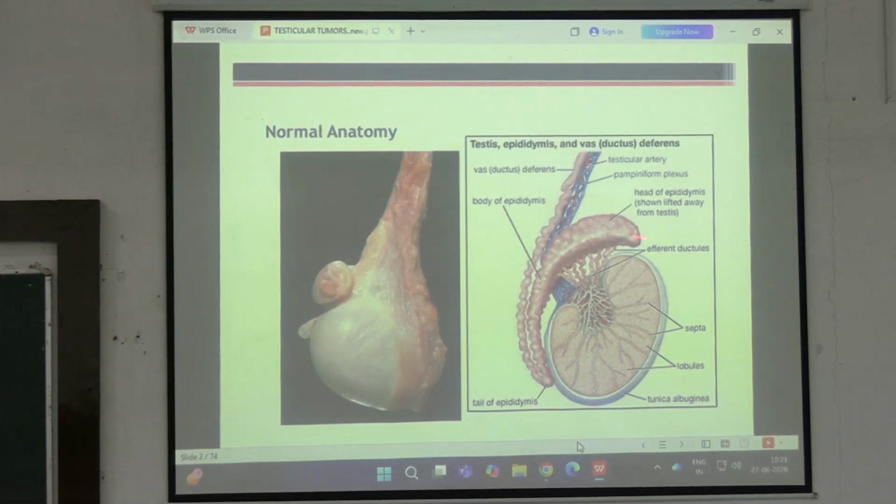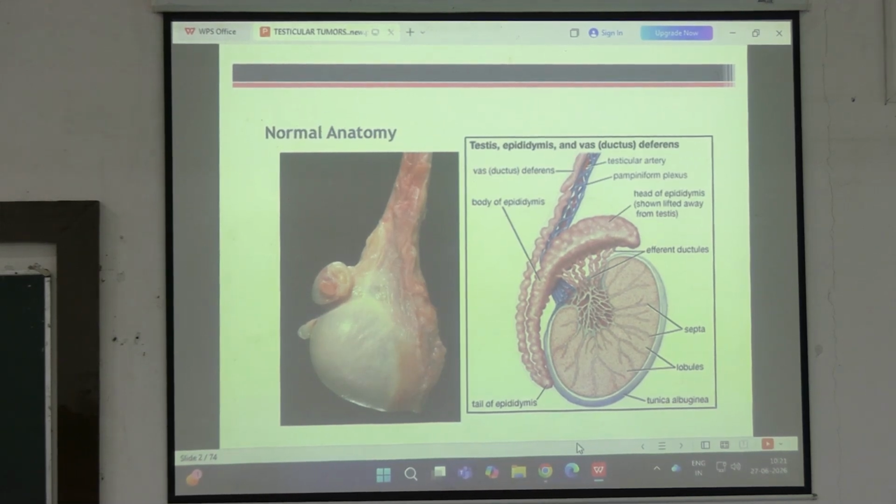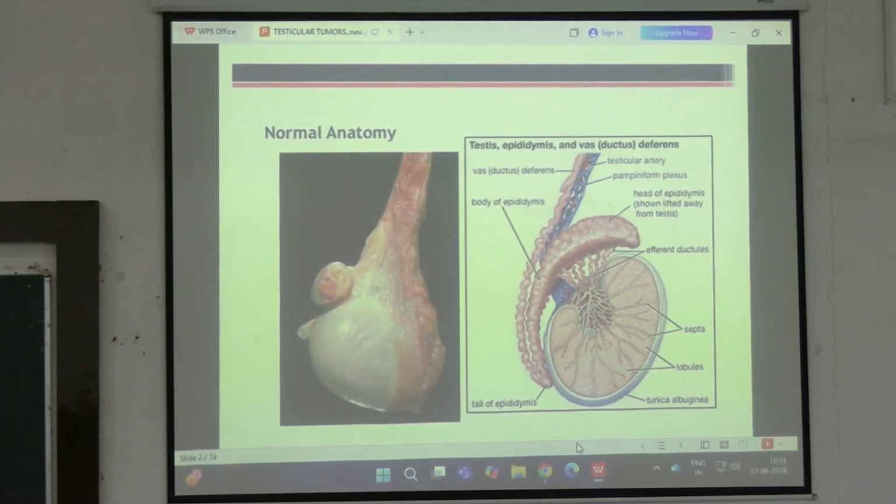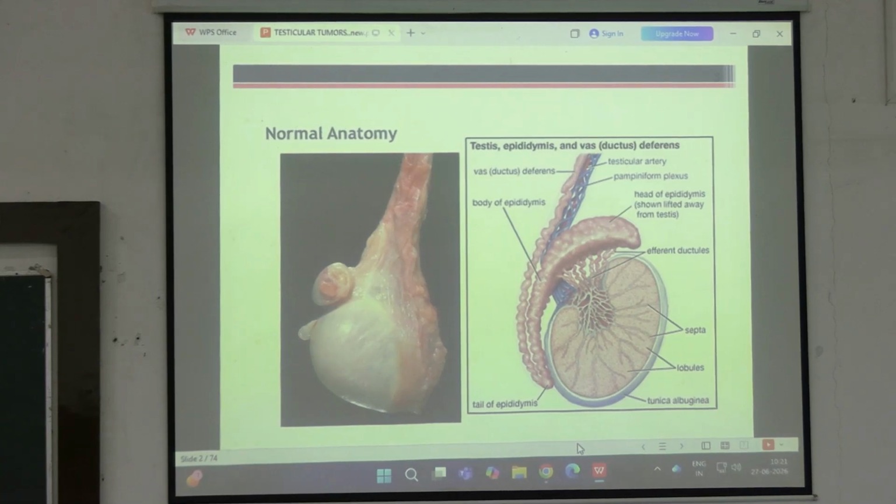Epididymis. Vas deferens. Maturation of sperms. Formation and maturation. Seminiferous tubules. Epididymis. Vas deferens.